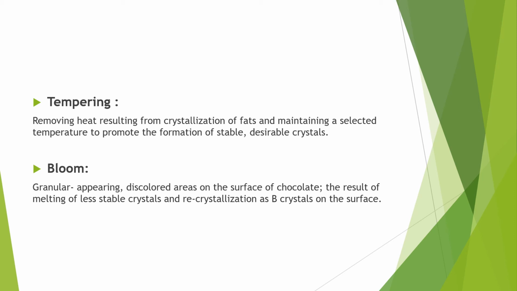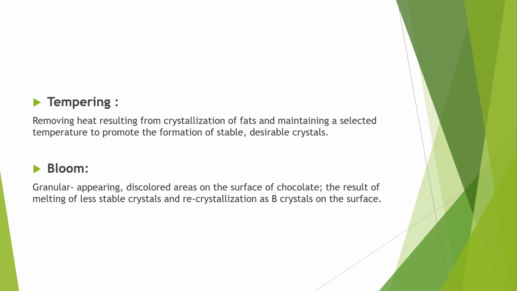So after that, blooming occurs, which is the granular appearance, that is discolored areas on the surface of chocolate, the result of melting of less stable crystals and recrystallization as beta crystals on the surface.